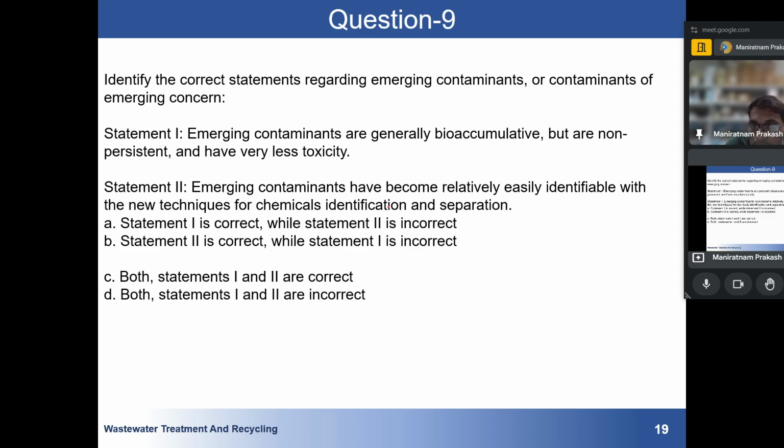Statement 2: emerging contaminants have become relatively easily identifiable with new techniques for chemical identification and separation. Without any prior knowledge, you can say that with the advanced technology we are working with right now, we can detect any kind of unknown contaminant.